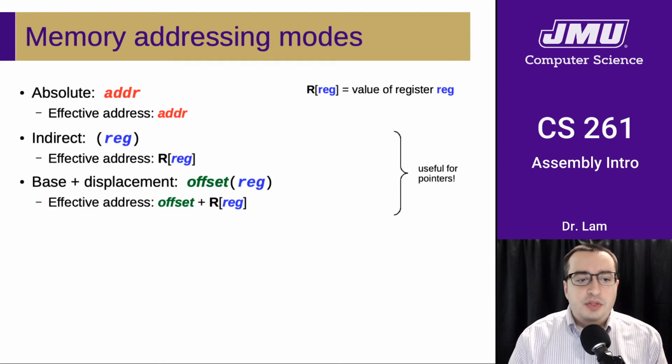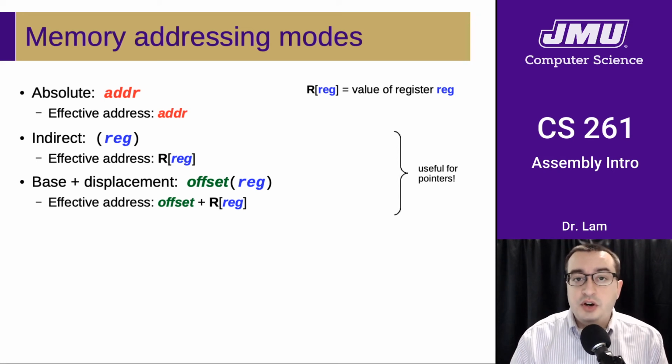There are also some indirect addressing modes. There's the straight up indirect addressing mode, where you give it a register and you put that register name inside of parentheses, and that indicates that it is a memory operand rather than a register operand. The effective address is just the value of the register. You can think about this a little bit like dereferencing a pointer.